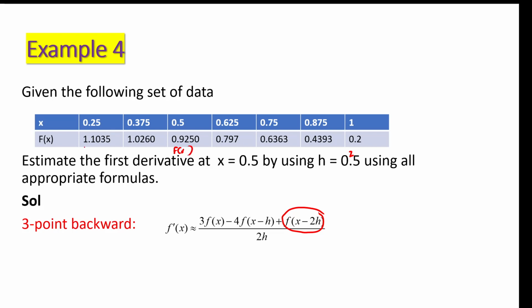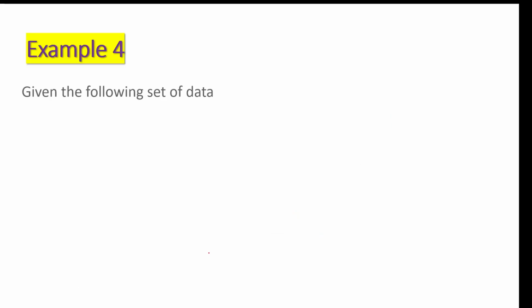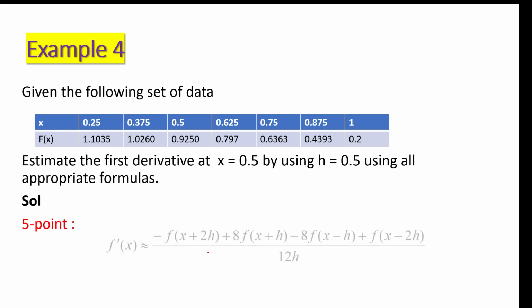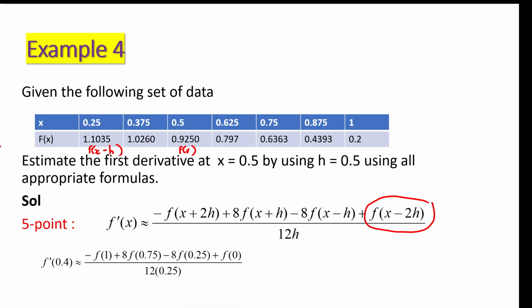This is f(x), this is f(x-h), and we don't have f(0). For the 5-point formula, f(x+h) is actually f(0.75), f(x+2h) is f(1), but we don't have f(x-2h).